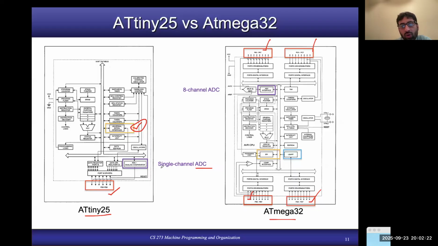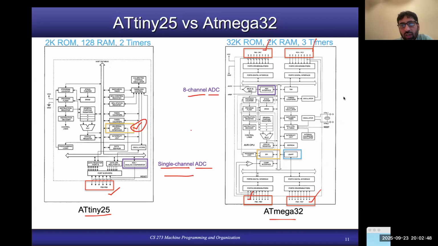On the Tiny 25, we have a single channel ADC, but the ATmega32 supports an 8 channel ADC, which basically means that you can read eight different values from 8 different sensors at the same time. But here you can read values from only one analog input at a given time.